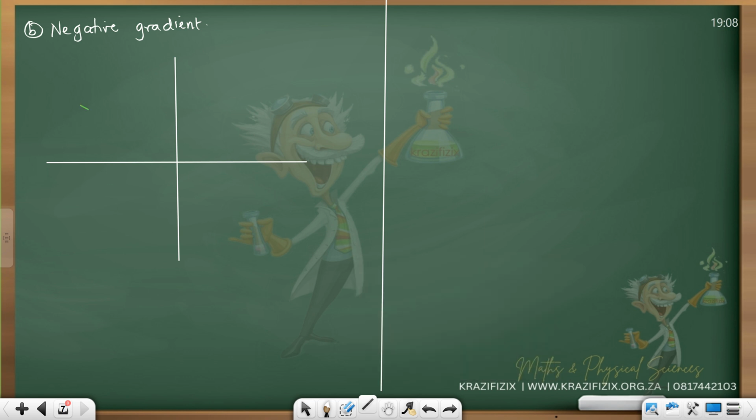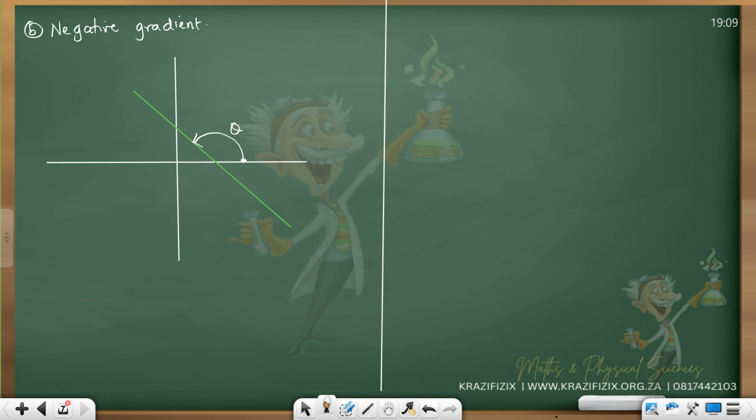I want to put it here because some of you think it's negative because it's on that side. It's negative because of the direction. Now, where is my theta? We start from the x and we go anti-clockwise. Start from the x and move anti-clockwise.